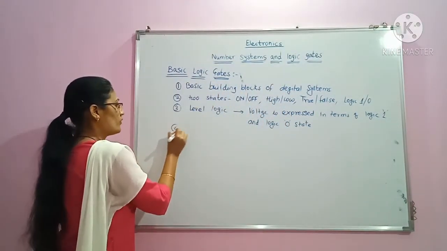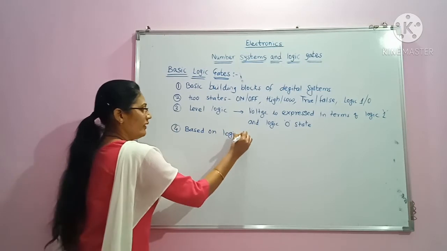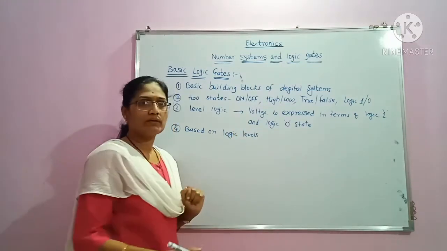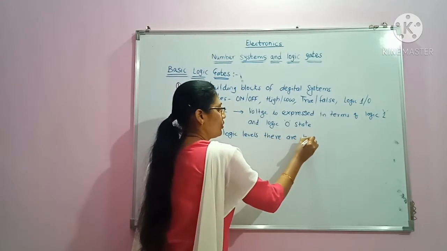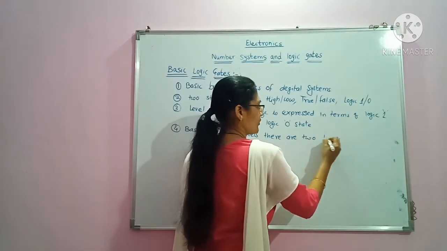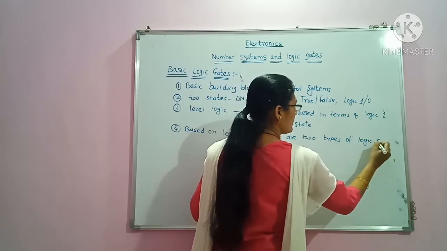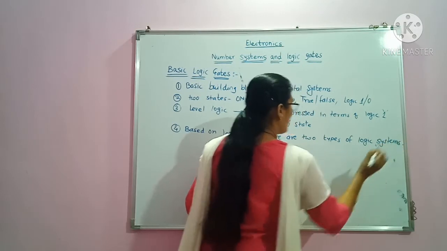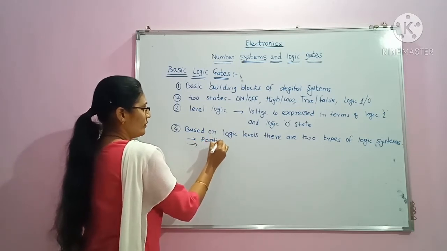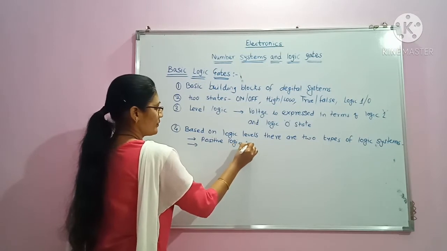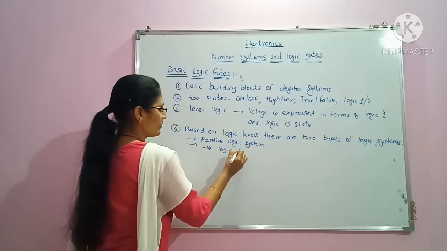And based on logic levels, there are two types of logic circuits or logic systems, and these are the positive logic system and the negative logic system.